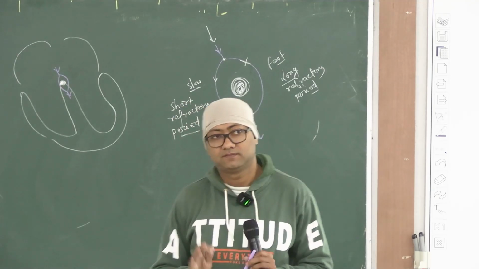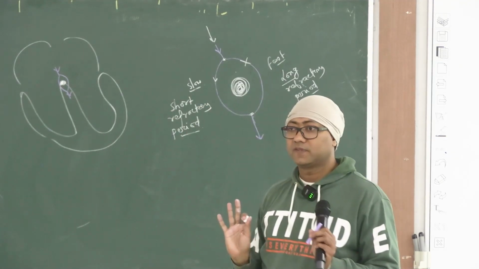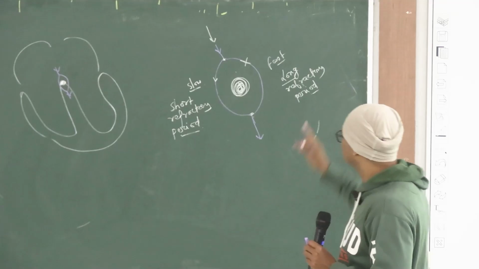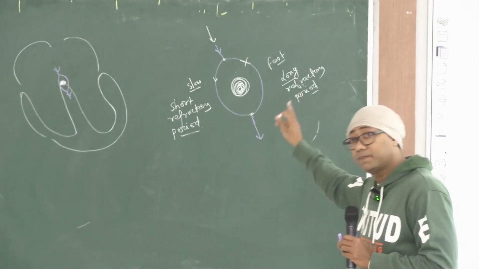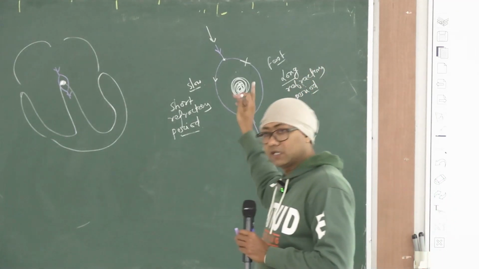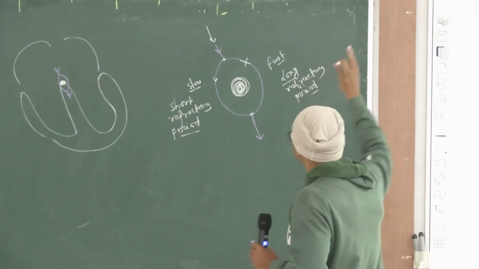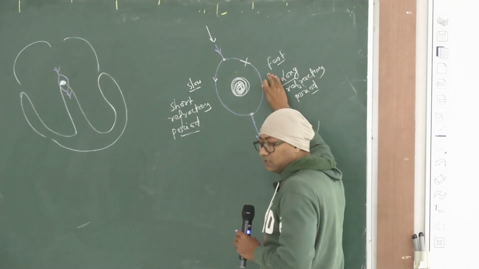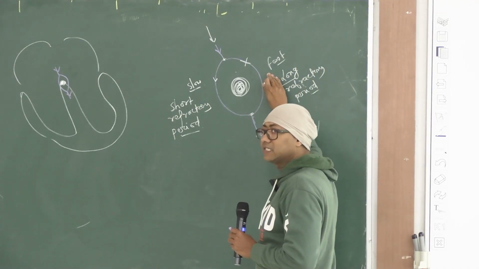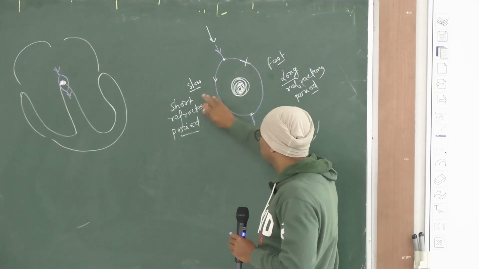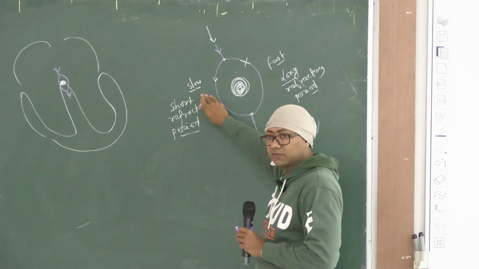Understand clearly, okay. Initially, when the action potential was located at the upper part of the circular path, the fast pathway was refractory. It is not accepting any action potential, but the slow pathway was ready to take the action potential.